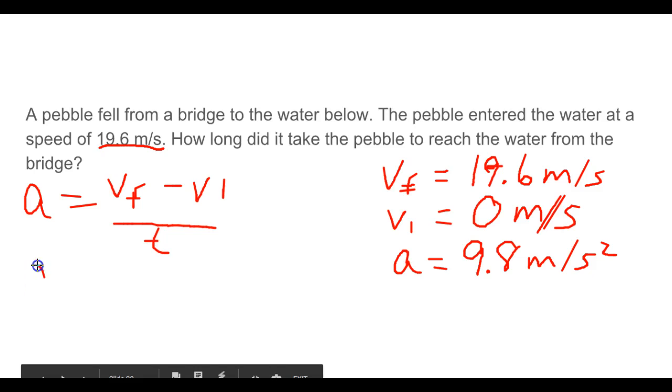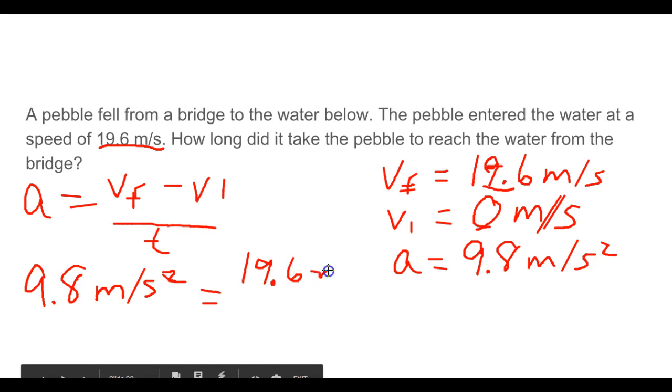So my acceleration is 9.8 meters per second squared equals, and in this case, our change is going to be 19.6 minus 0. Can we do that one right away and know that that just means it's 19.6 meters per second? And that's divided by time.